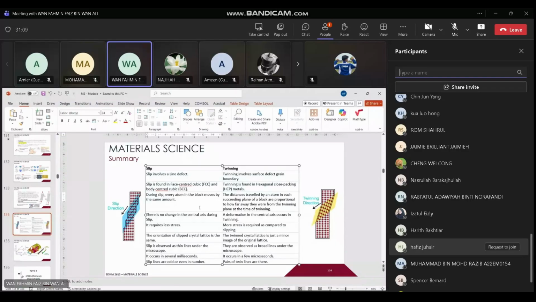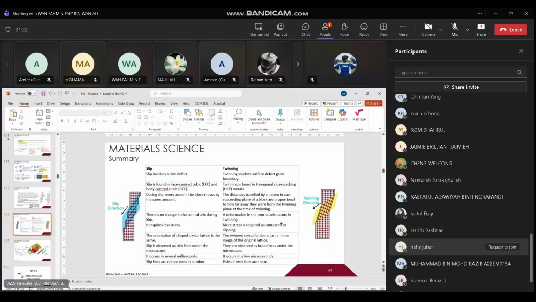In terms of stress, slip requires less stress, but twinning requires double, right? Because you are having mirror changes: one side and the other side need more stress to experience twinning characteristics.